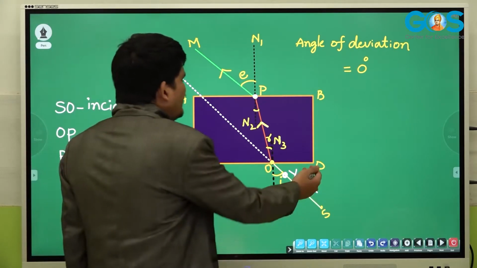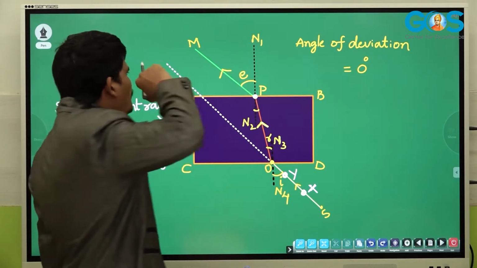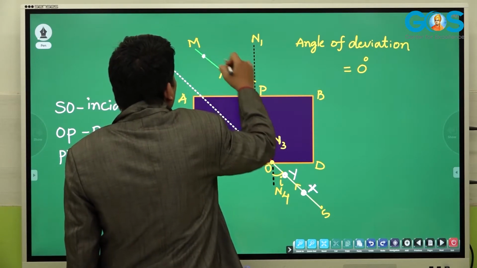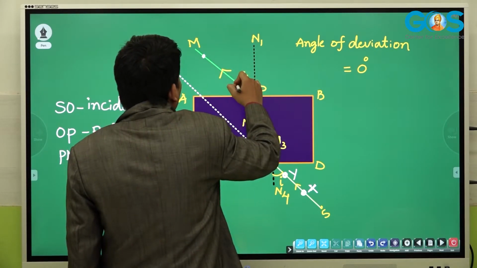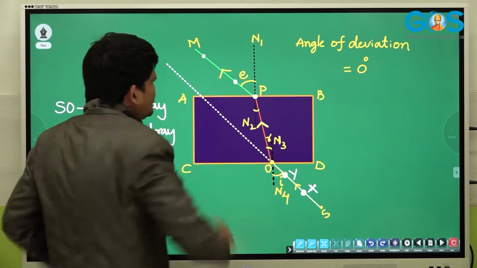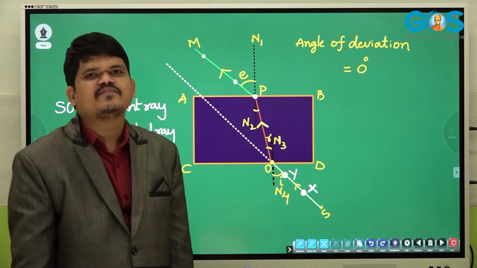By keeping that position in our mind, we need to place two more pins on the position where we see the image through the glass slab.